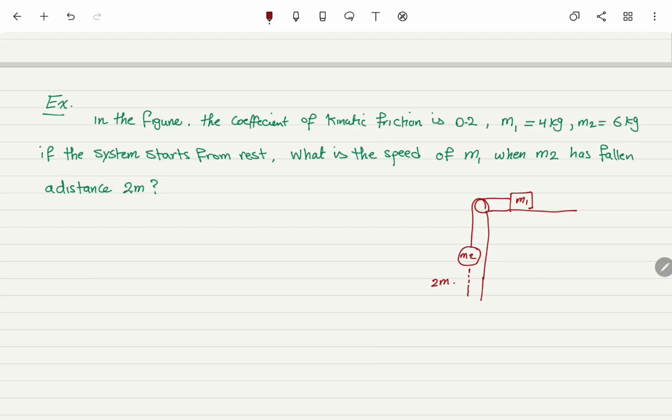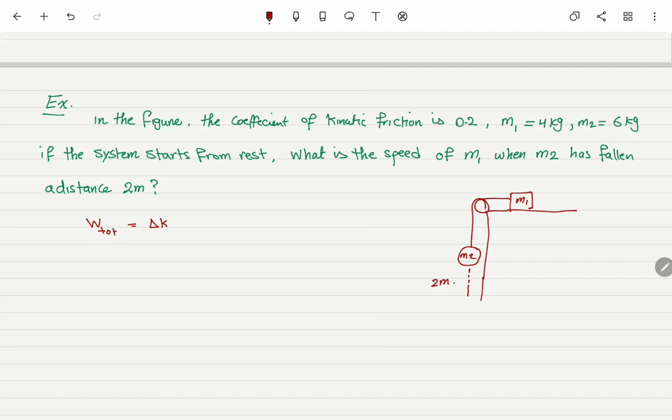Now to solve this one, work total equals delta K. Since there is a frictional force in this case, we cannot use E initial equal to E final. We should use this rule here.